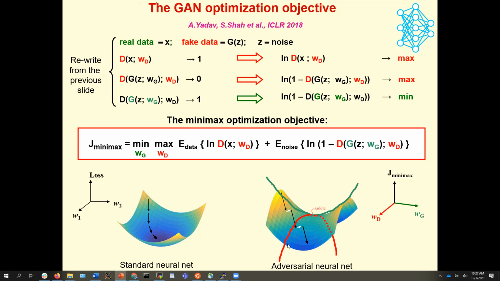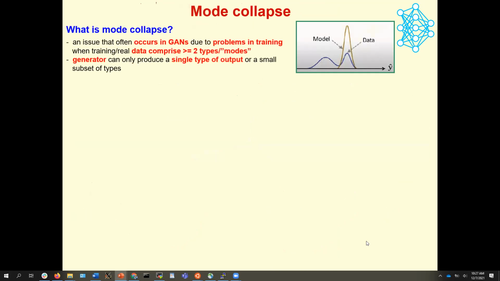Okay, it looks like 5 minutes have approximately passed, so I will continue with the next slide. This slide discusses mode collapse. It's one of the issues that typically occur when we train a GAN. So far, we discussed one type of data.